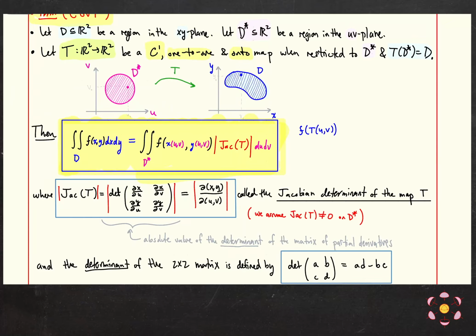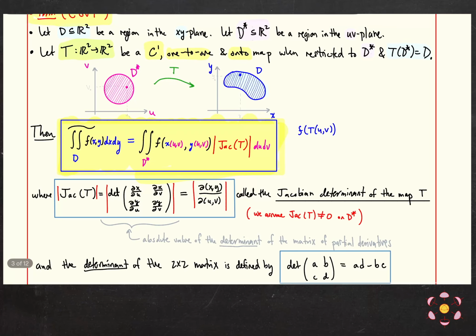Okay, so what it's basically saying is as follows. We've got the original variables, let's call them OG variables, on the left side. And this is an integral that we basically can't compute, or it's really annoying to compute as stated.